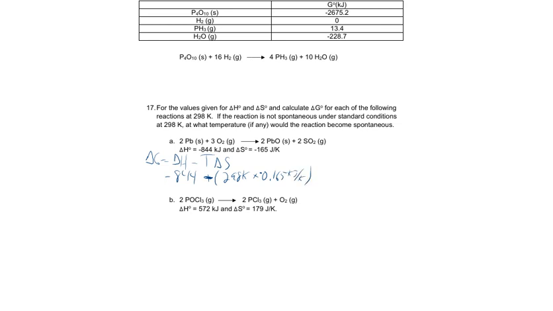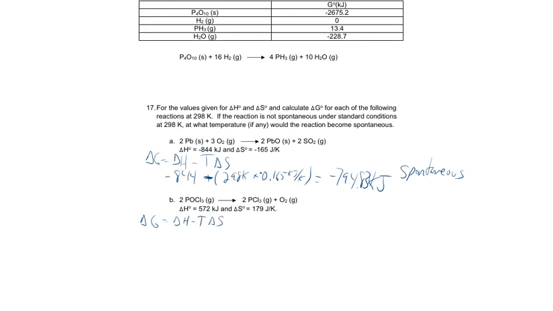And if you add that up, you get negative 794.83 kilojoules. So this is already spontaneous. The second one here, we do delta G equals delta H minus T delta S.